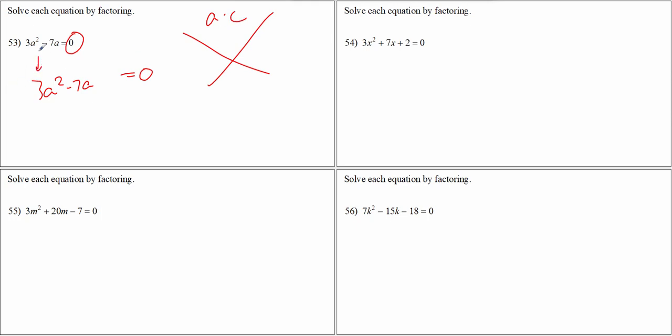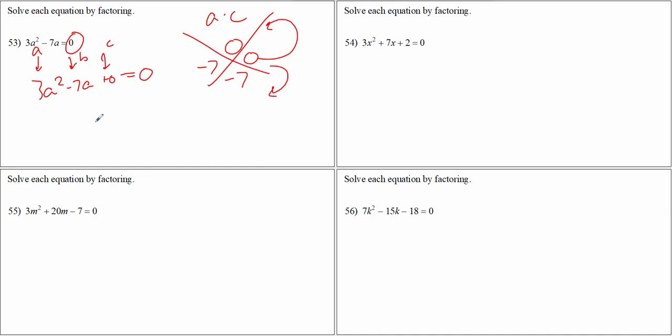Well, this is a, this is b, c is right here as a 0. So 3 times 0 is 0. B is still down there. How do I multiply to 0 and add to negative 7? Negative 7 and 0.